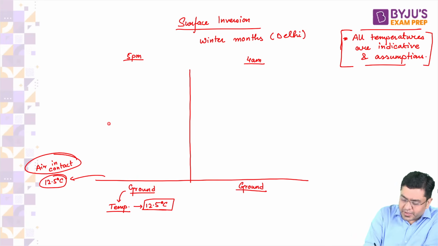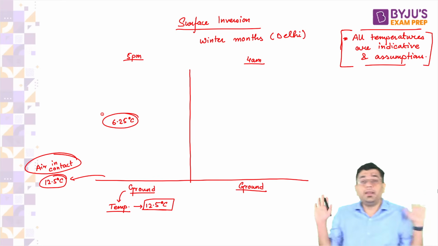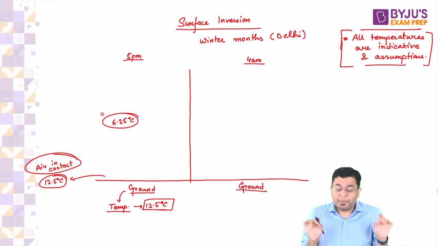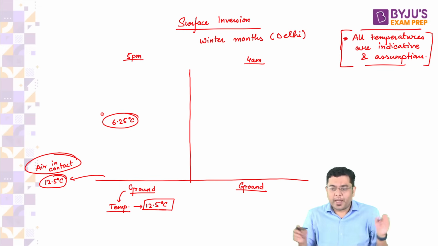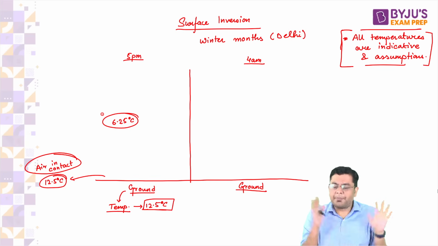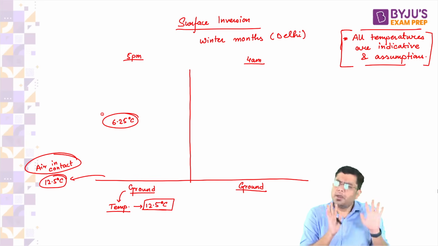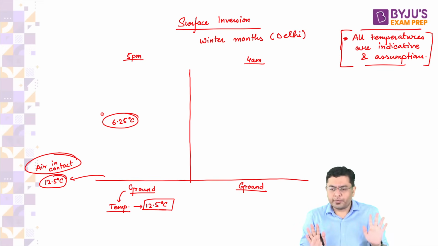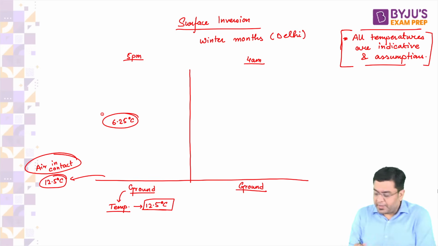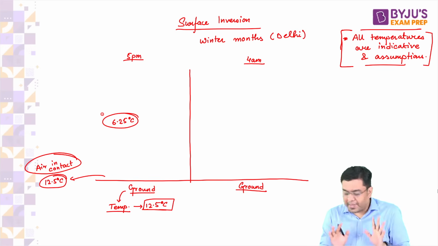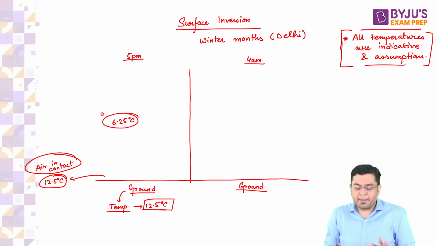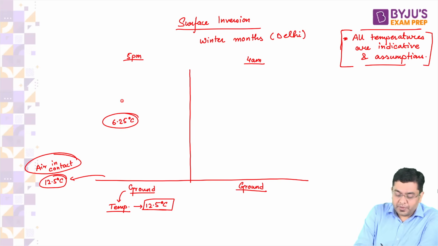Let's suppose the temperature here is 6.25 degrees Celsius. Again, an assumption. It is purely an assumption. Okay, it has got nothing to do with the lapse rate that we have calculated. Assumption that it reduces. Okay. Yes, 12.5 is an example. All of these are examples. Now, this is your assumed temperature at a height.